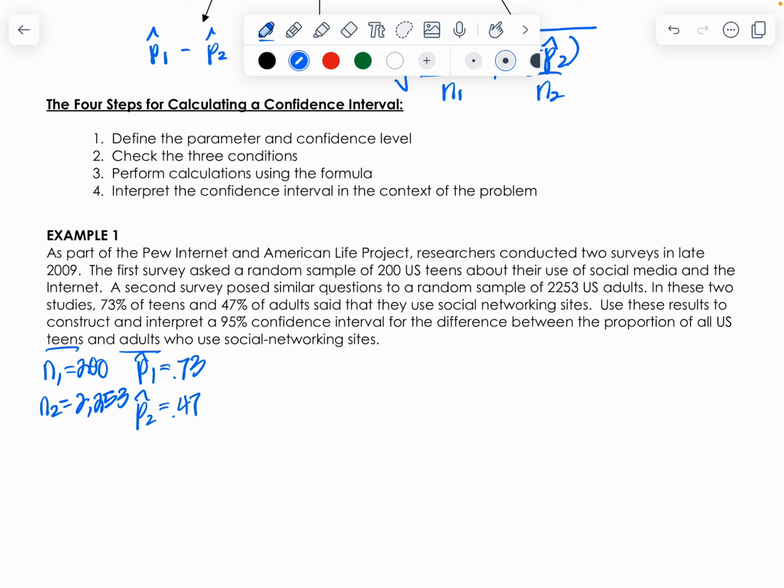Now notice I've taken away the whole template that we used yesterday to fill in, and that's because you're not going to be given that. So we just have to know our steps.